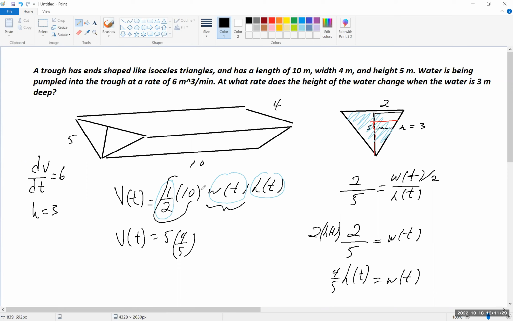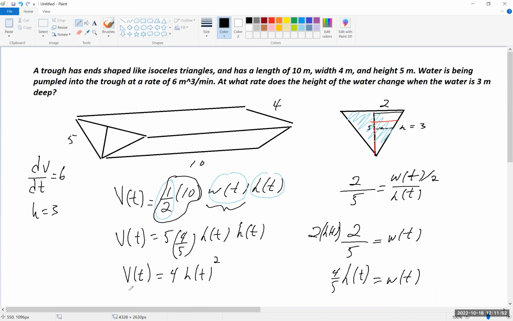So we did this, we got 5. Then I'm replacing the w of t with this 4/5 h of t times h of t. So one more step to simplify. So it's 4 h of t squared.